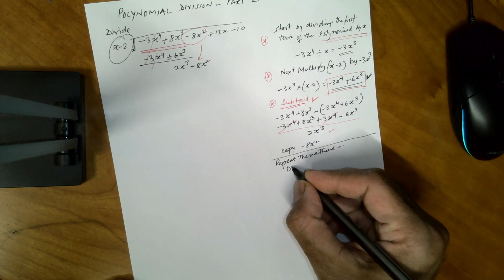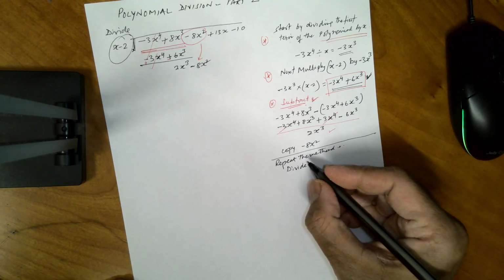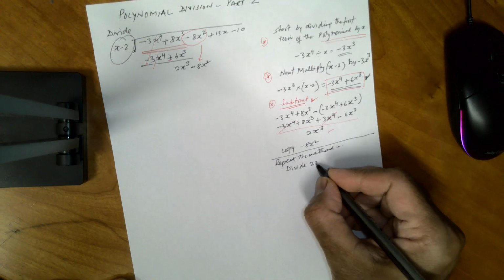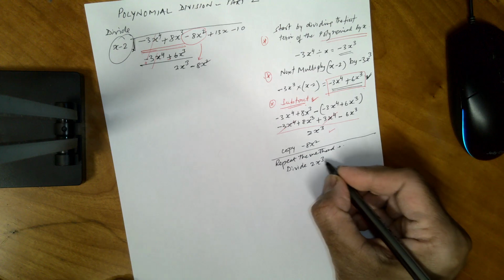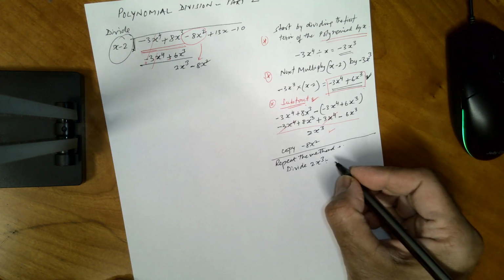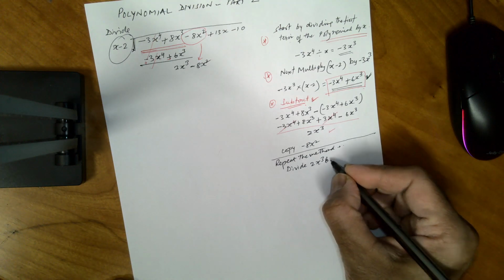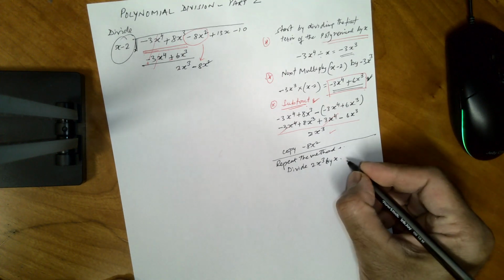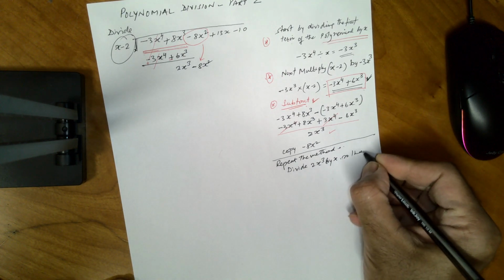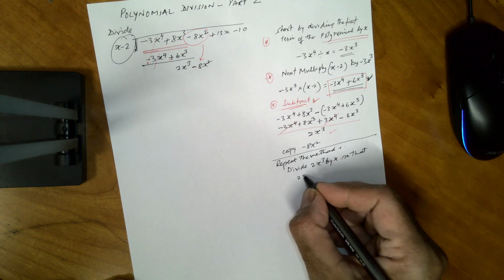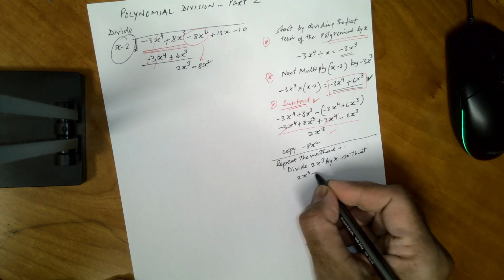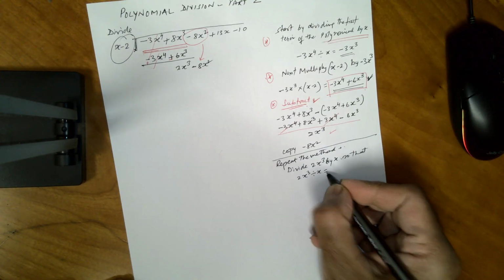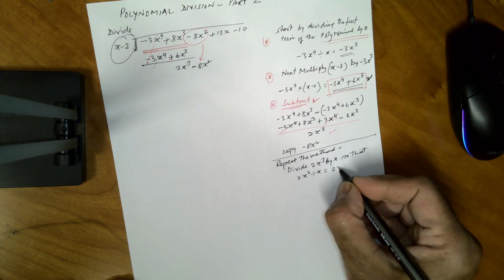The first one was divide. Divide 2x cube by x, so that you got, write down here again, 2x squared.